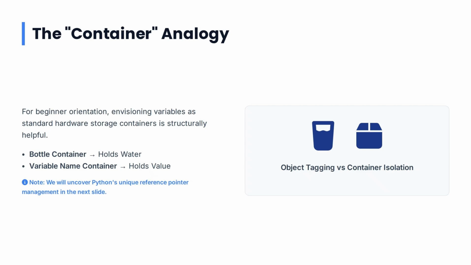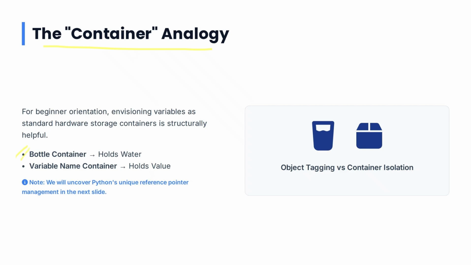So now the container analogy. For beginner orientation, envisioning variables as standard storage containers is structurally helpful. That means, for beginners, think of a variable as an empty storage container where we store things, such as, in a real-world example, a bottle container.